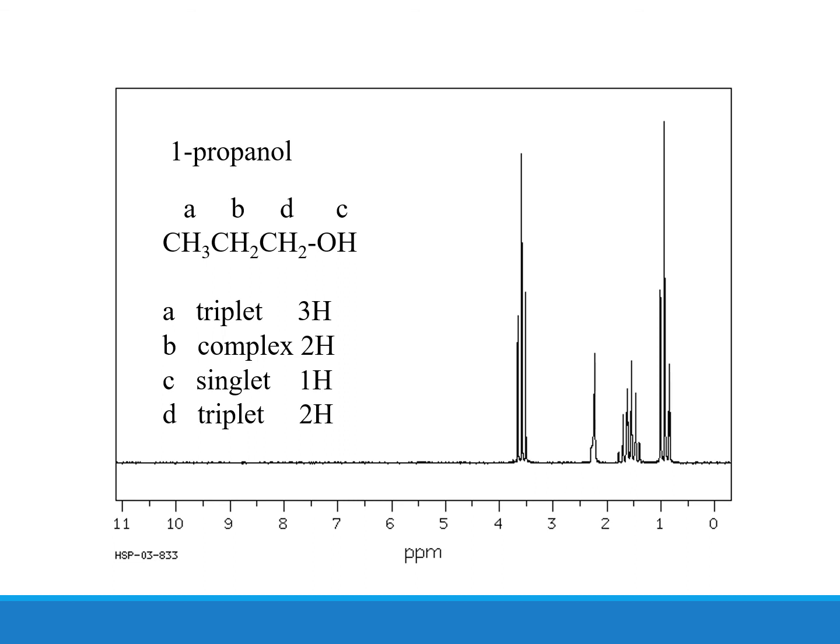C is a singlet, like I told you, because it's an OH hydrogen and it doesn't couple with any of the protons. Whereas in D, again, do not decide by counting the hydrogen of the hydroxyl group even in the D. D is coupled only with the B hydrogens.